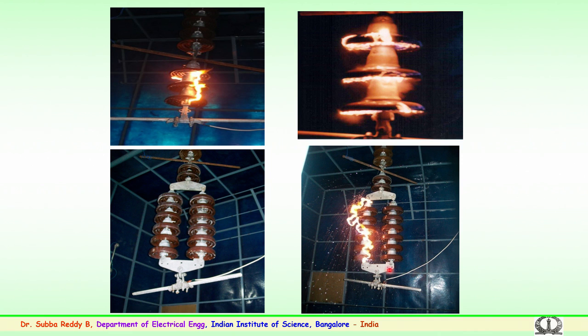A comparison you can very clearly see here: in the insulators containing the field reduction electrodes, the flashover has not happened, whereas without the field reduction electrode, the flashover has been noticed. So, this shows that the field control element which has been developed will be helpful for ceramic disc insulators so that the pollution flashover phenomenon does not happen.